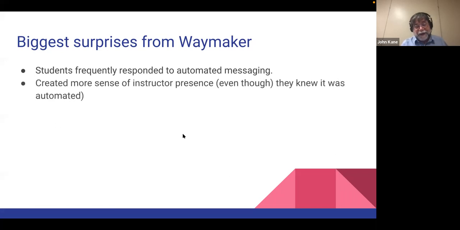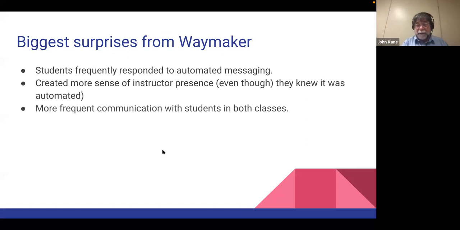And I was amazed at how often students would respond to the automated messaging. And it did seem to create more sense of my presence in the class, both in an online class and in a face-to-face class, when they were working alone on their computers in the evening or outside of class time.